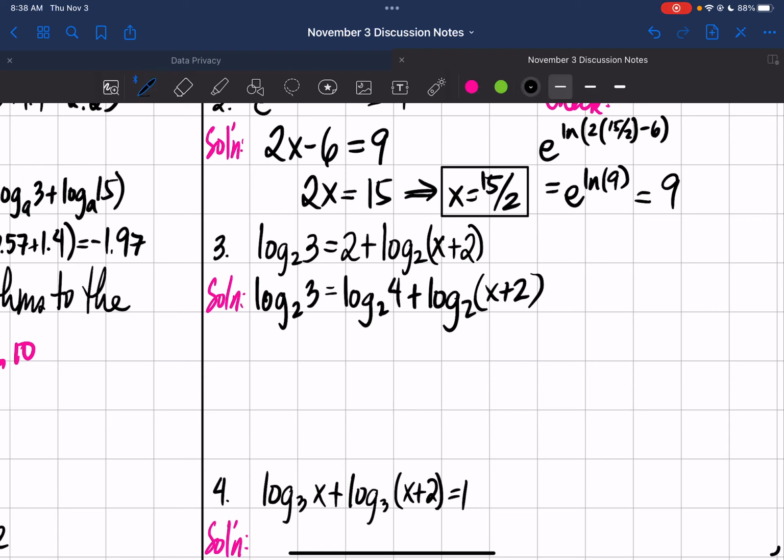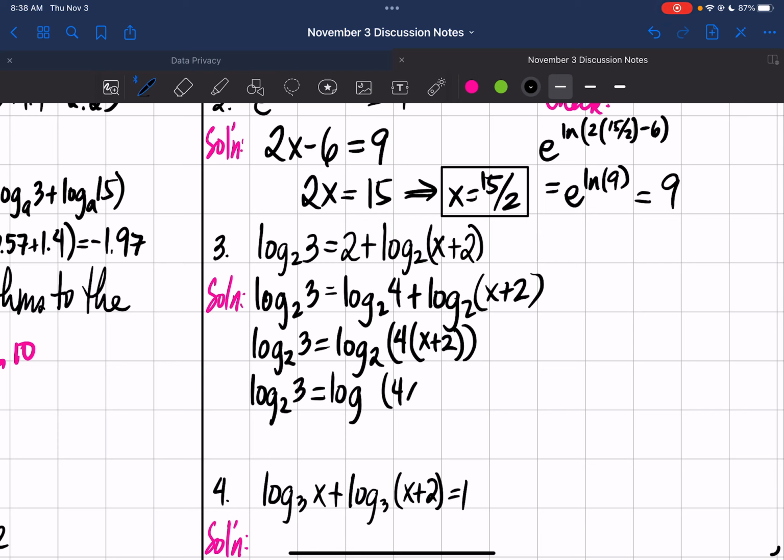Now, what we'll do is combine what's on the right. By the product rule, we have log of 3 base 2 equals log of 4 multiplied by x plus 2 base 2. And so, log of 3 base 2 equals log of 4x plus 8 base 2.